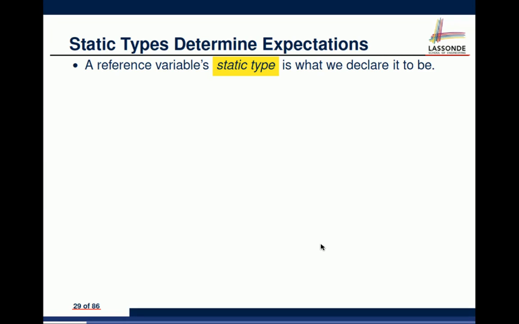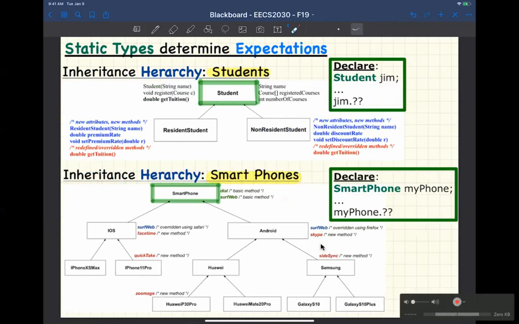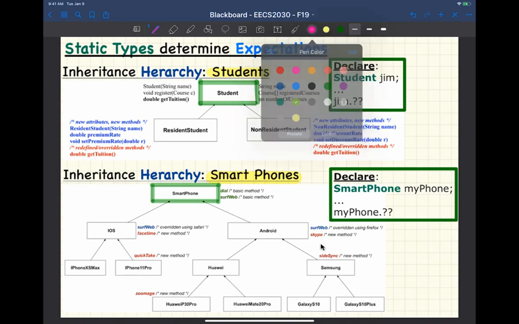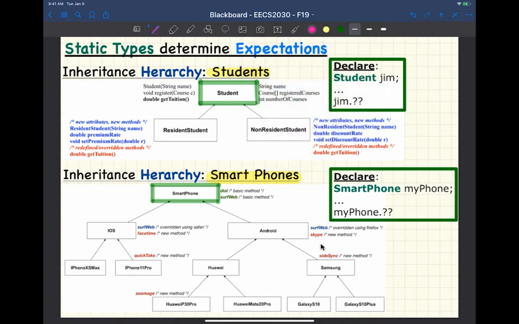So now this slide is about how the static type really determines the expectation. Let's just do examples quickly. So now I put the two hierarchies together so you can see different examples. You might be given different examples in other scenarios. Let's say we focus on the students case, and that's the hierarchy we're talking about.